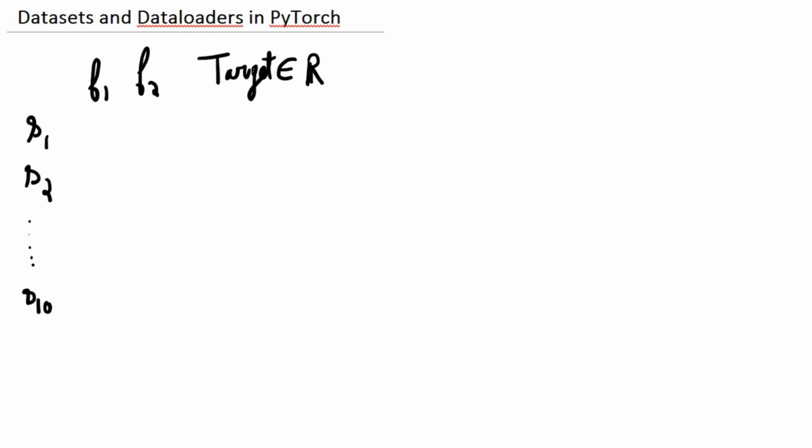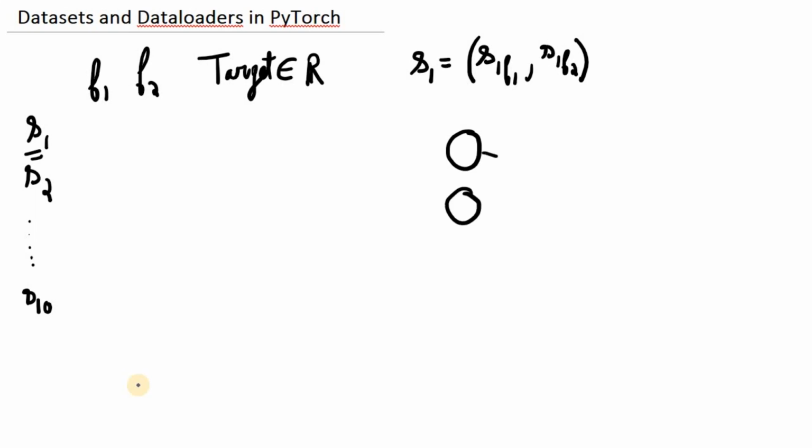Again, we are going to consider a shallow network in this case, and let's figure out what we were following in the past few videos. We consider a sample S1, which looks like this: S1F1, S1F2. So there are two features associated with the sample S1. This will be fed as an input to the model, and since we have a shallow network, we will have two weights associated with it, W1 and W2.